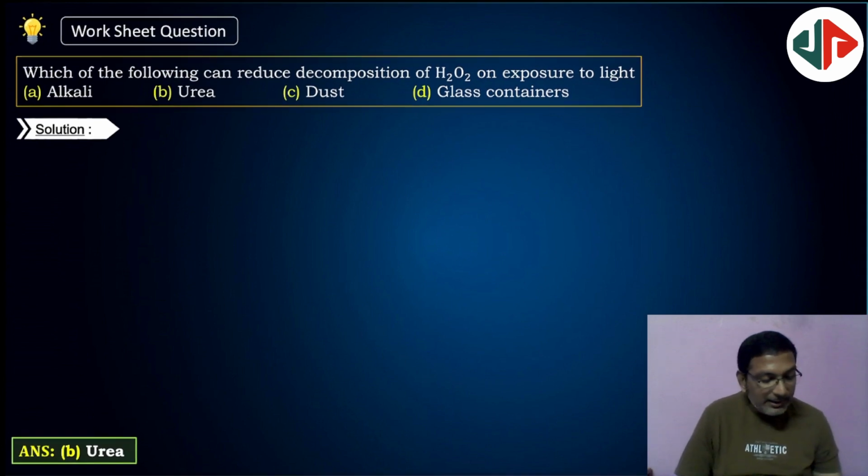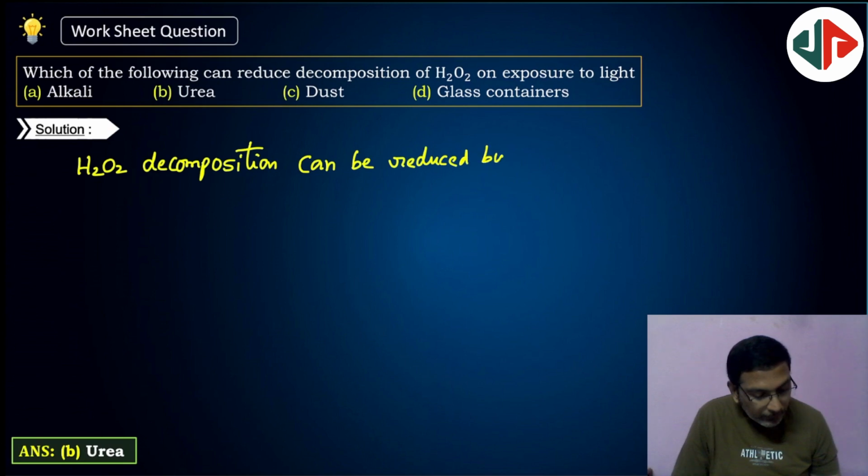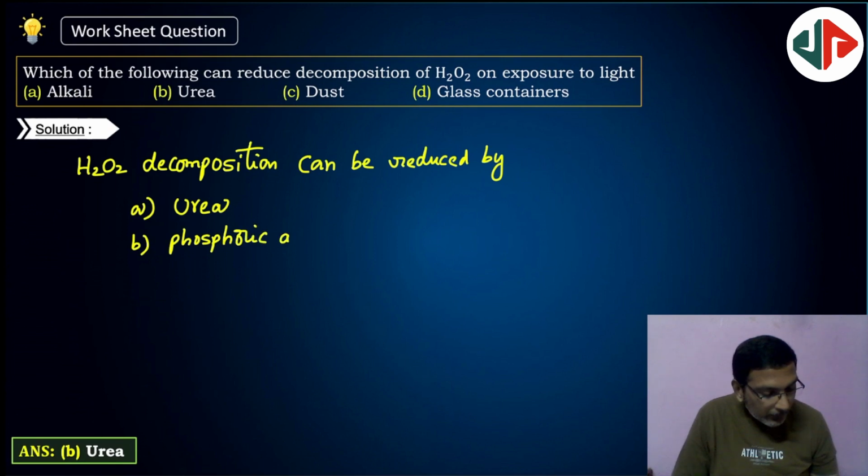So which of the following can reduce decomposition of H2O2? So H2O2 decomposition can be reduced by urea, phosphoric acid, next glycerol, acetanilide.